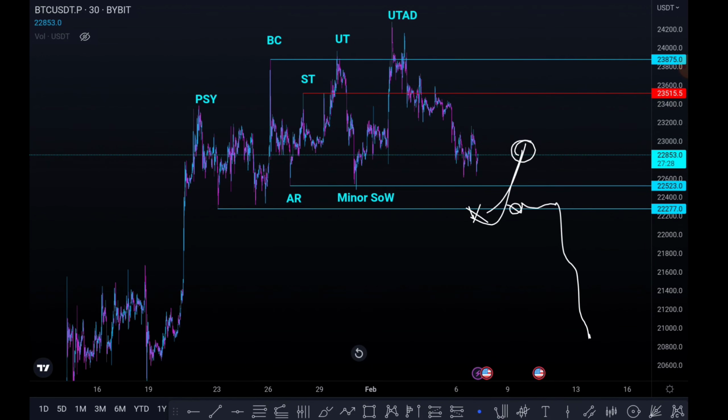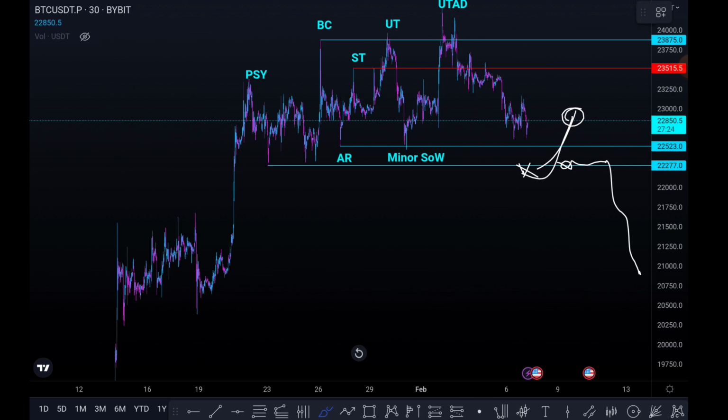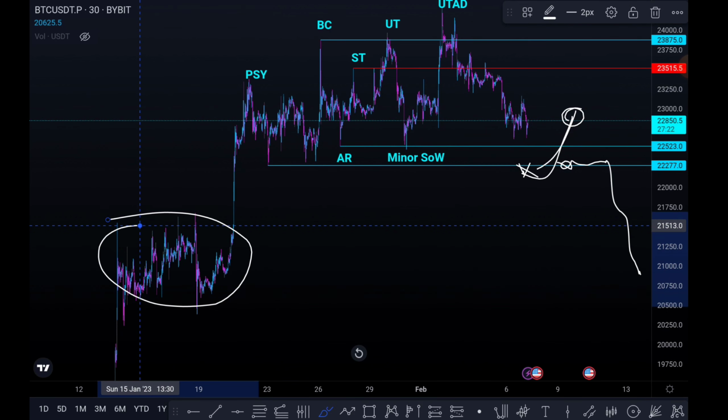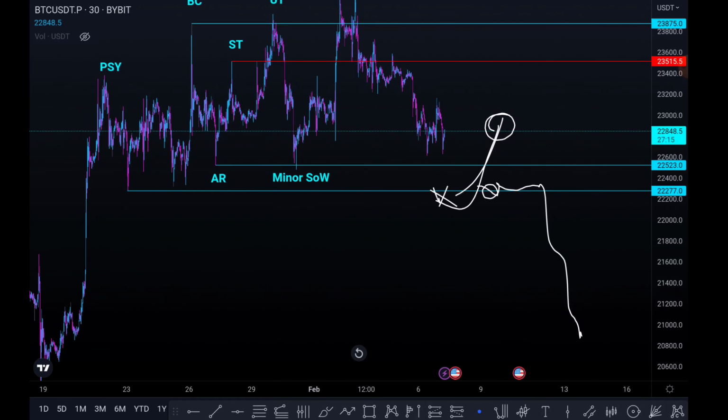So yeah, and the next considerable market structure support is around this region, and I have really good confluences around this region if this breaks down. So I already told you I'm going to look for a swing failure pattern here at the 22,277 level. Let me quickly hide this.